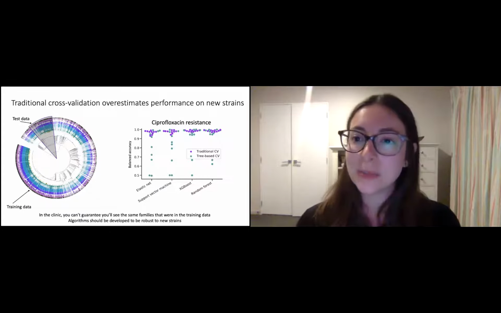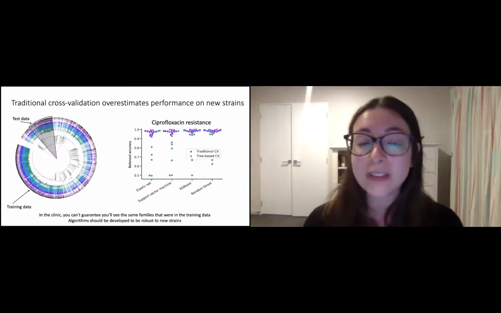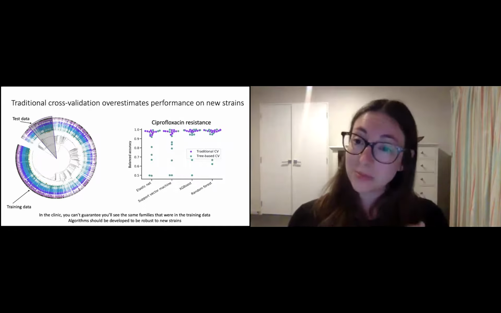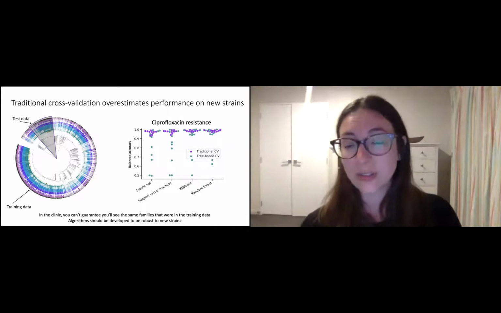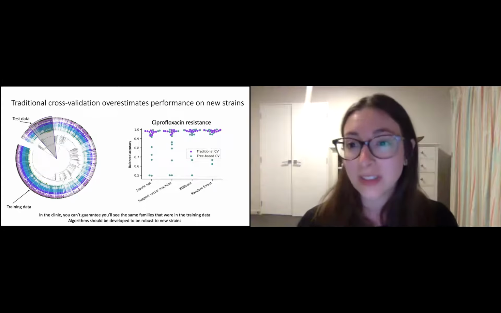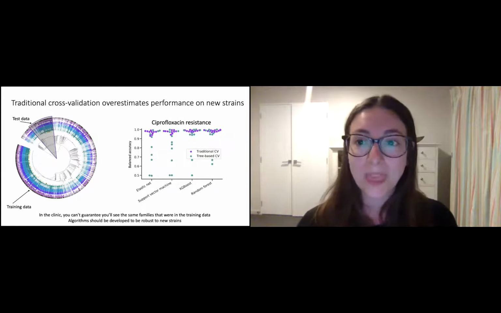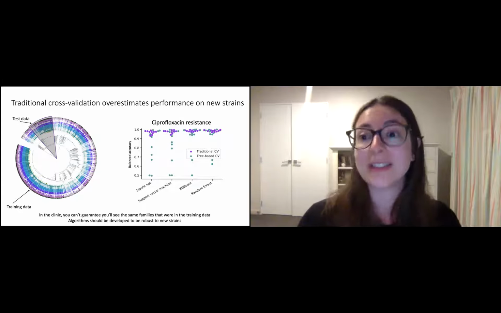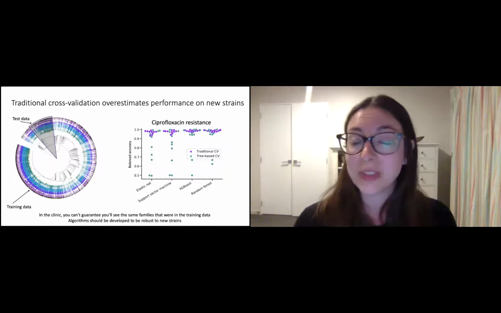So one of the really simple ways you can look at this is just to take a family tree of the samples that you're looking at, cut it into subfamilies, and then train your algorithm on some families and test it on others to see what happens when it encounters new information. And there are plenty of algorithms that do just as well on familiar families as completely new families it hasn't seen before.